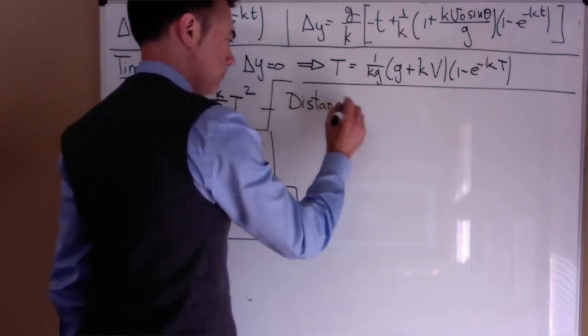This is for the time of flight. For the distance traveled, we need to get back to the delta x equation.